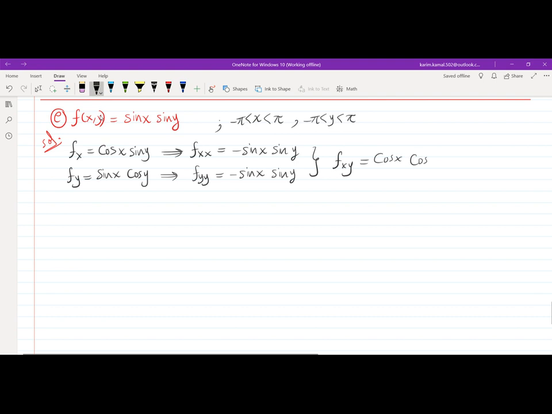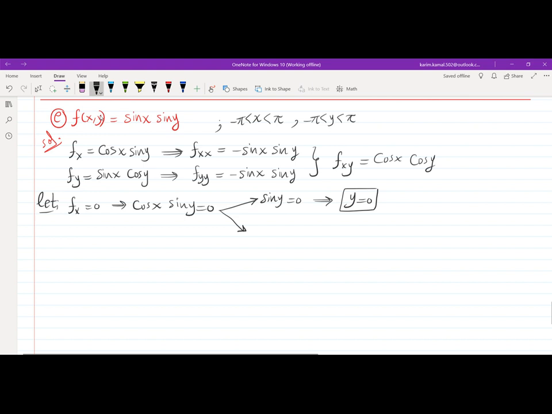And now for the second step, we will put fx equal to 0, so cosine x times sine y equals 0. Then we have two cases. First, if sine y equals 0, then y equals 0.